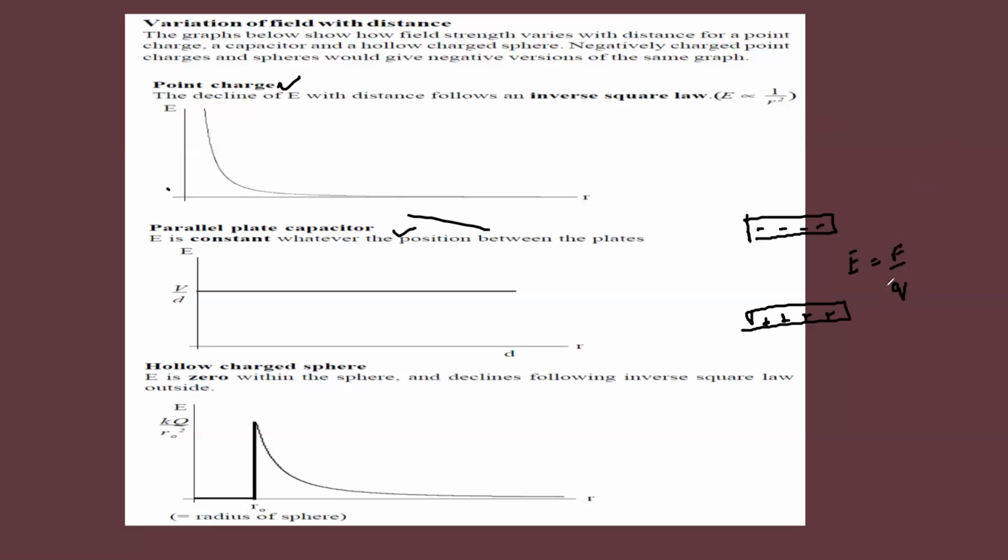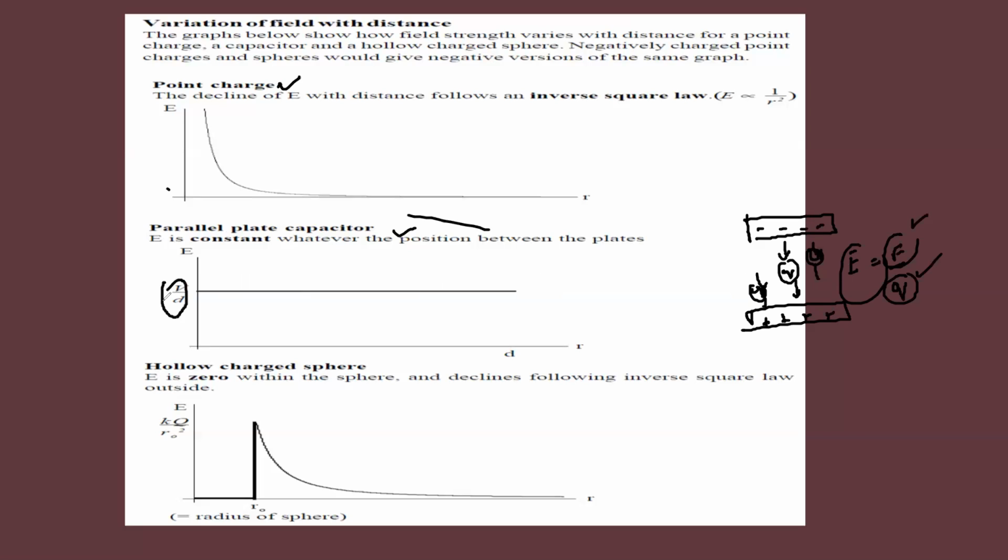Q is constant, we place any small q, that's constant. But what about force? That is also constant. I will give you an example. If you move this charge to any point, the forces from the positive and negative plate will change, but the resultant force will be the same. If the resultant force is constant and Q is constant, E will always remain constant. So you can see here, it will always be a straight line.